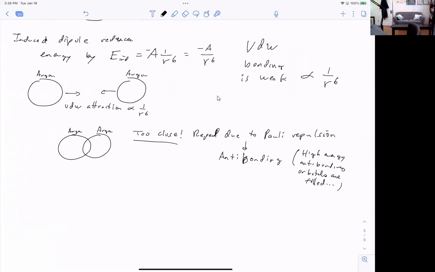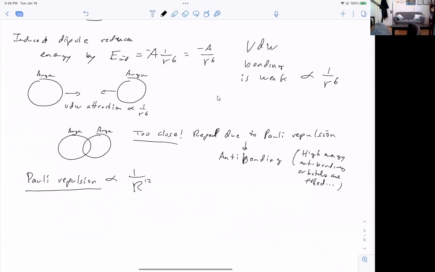And so the word that I will use here is Pauli repulsion, because that's a word a lot of people use. This Pauli repulsion is highly repulsive, and it goes as 1 over R to the 12th, where big R is the distance between the atoms.